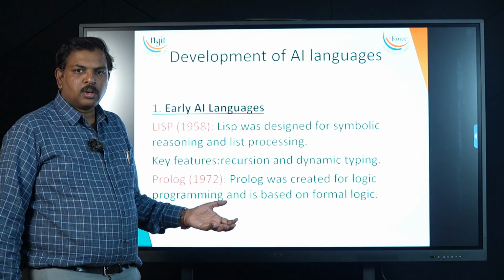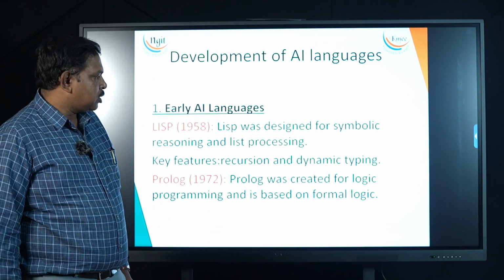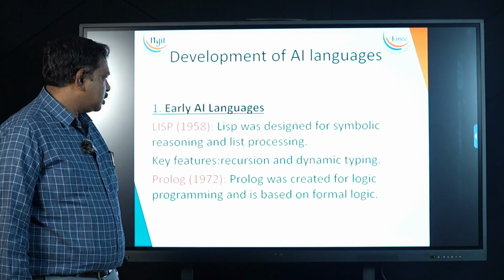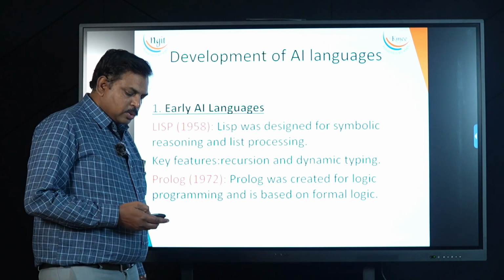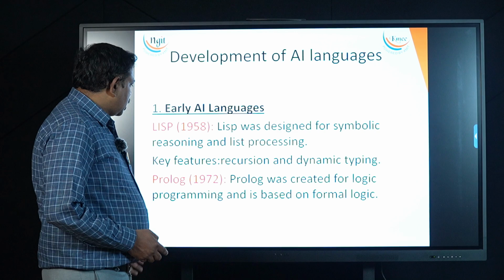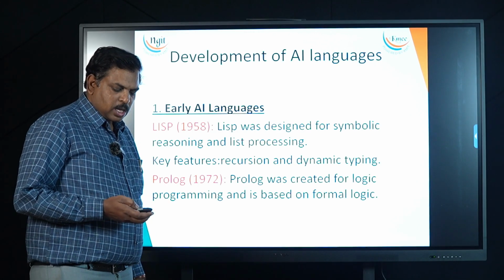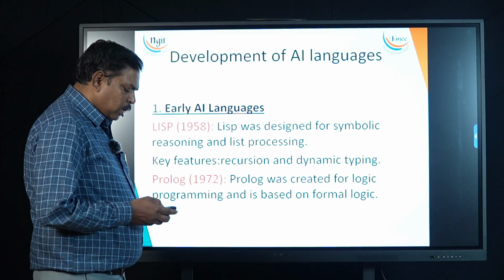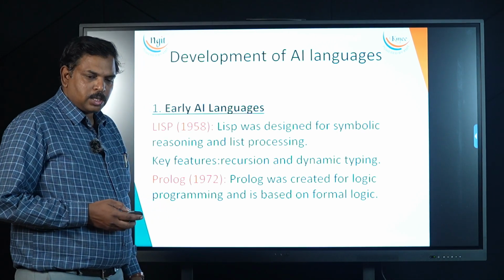We collect a set of facts, and based on those facts we prepare the rules and infer new things. Still, Prolog also has some limitations. So early AI applications were not that powerful, and at that time these languages served the basic requirements.